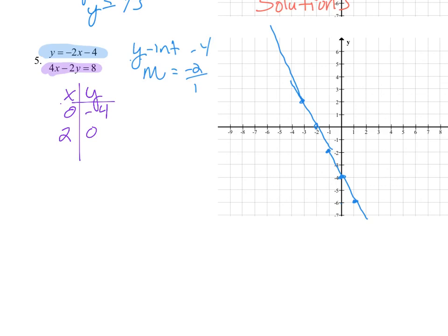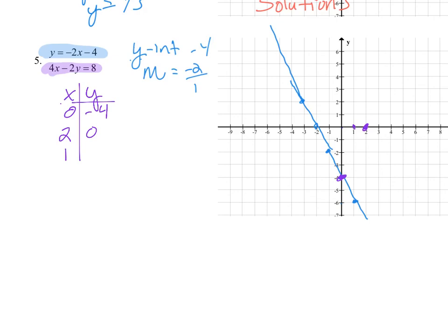So I'm going to plot those. 0, -4. So, 2 in the x, -4 in the y. Oh, look at that. Right on top of our previous point. And 2, 0. Alright, so we're going to choose one more point just to make sure that our points are correct. So we're going to do 1 in the x. See, that falls right between the two. I have a 0 and a 2.